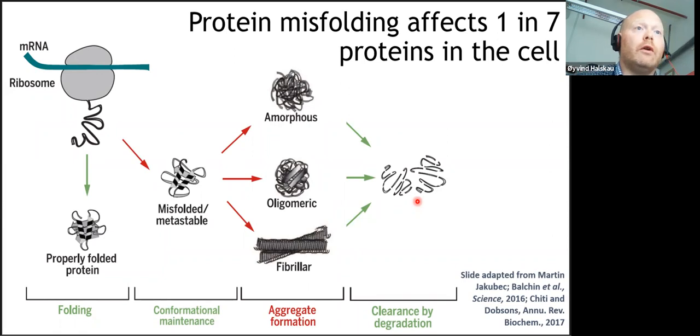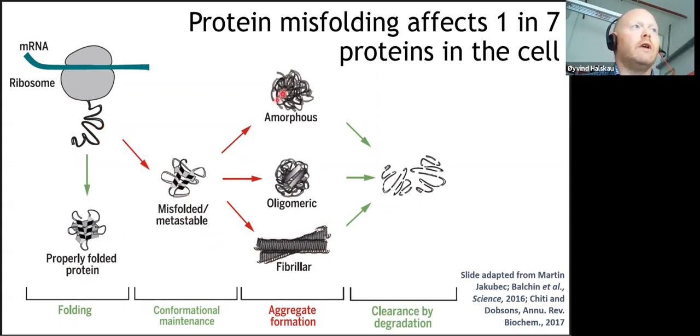Protein misfolding, according to Palchin et al., affects 1 in 7 proteins in the cell. That's quite a lot. So, of course, there is a machinery in the cell to try to nudge things back onto track. So here is a properly folded protein. If it misfolds or aggregates into a metastable state, there might be chaperones nudging it back in this direction.